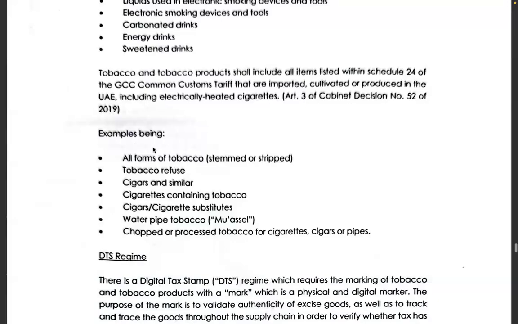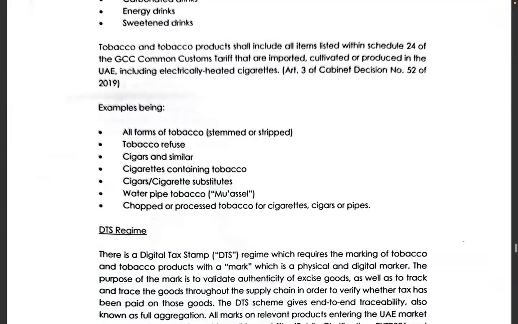Examples being all forms of tobacco, stemmed or stripped, tobacco refuse, cigars and similar, cigarettes containing tobacco, cigars and cigarettes substitutes, water pipe substitutes, morsel, chopped or processed tobacco for cigarettes, cigars, or pipes.